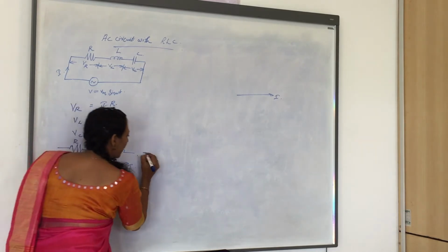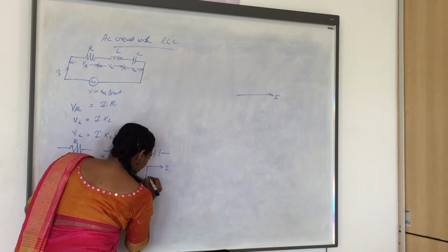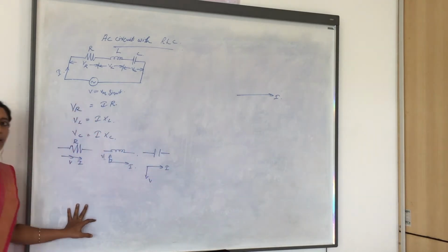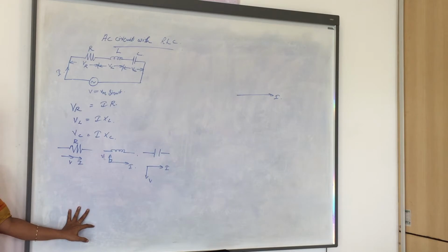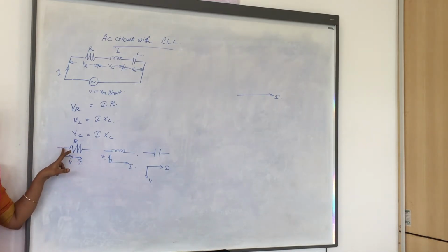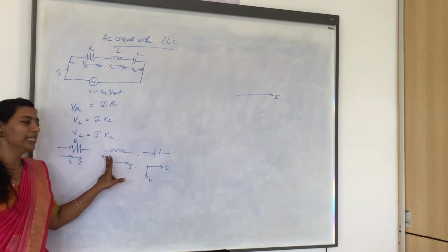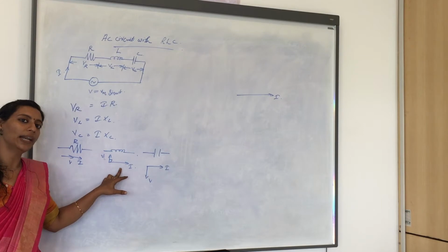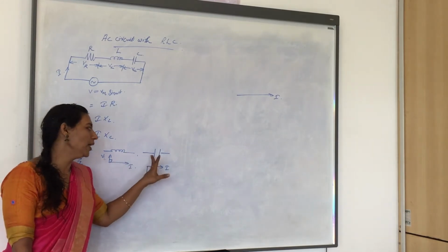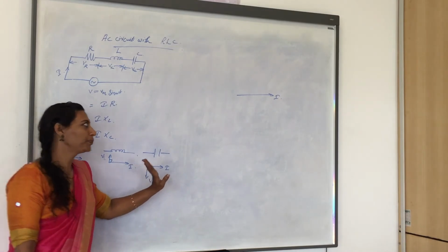In case of pure capacitive circuit, voltage lags the current by 90 degree. It's the basic concept. In case of pure resistor, voltage and current are in phase. In case of pure inductor, voltage leads the current by 90 degree or current lags the voltage by 90 degree. In case of capacitor, current leads the voltage by 90 degree.